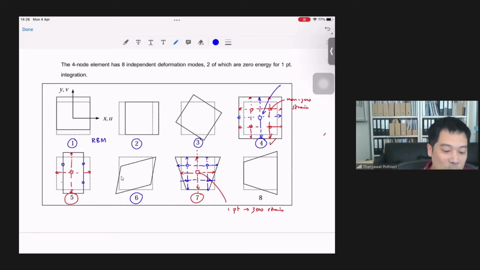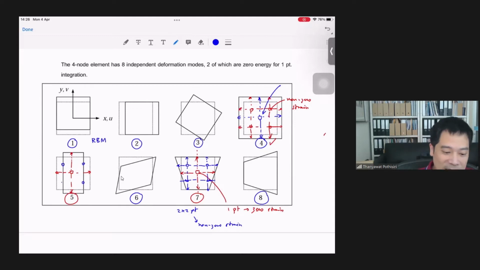So by using 2 by 2 points, the strain components become non-zero. Okay. Same thing for the eighth mode. Just change the direction a little bit.